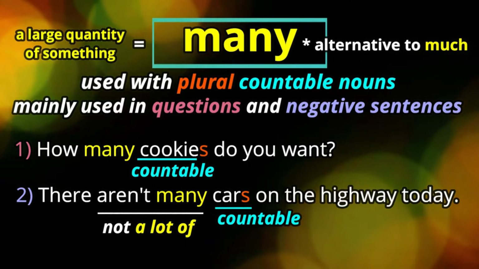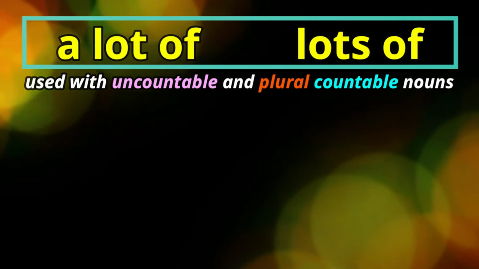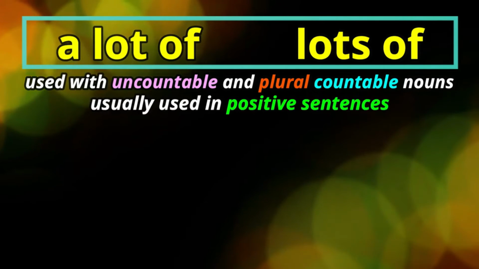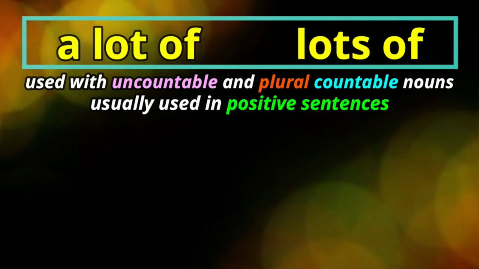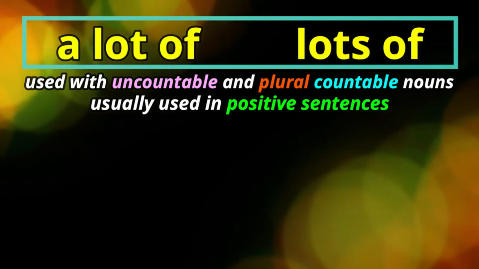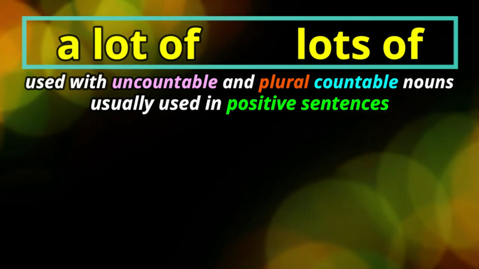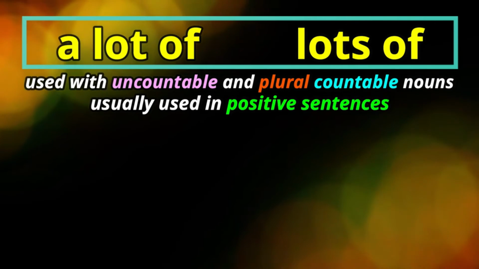Now let's look at a lot of and lots of. This should be very easy for everyone, okay? Because they're used with uncountable and plural countable nouns. They're usually used in positive sentences and like much and many, they are used to quantify large amounts.